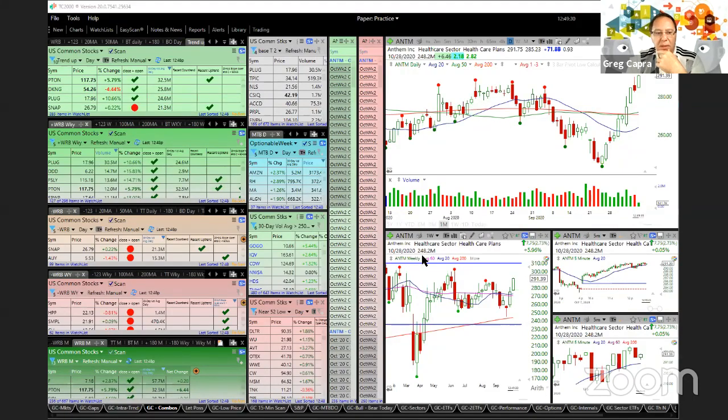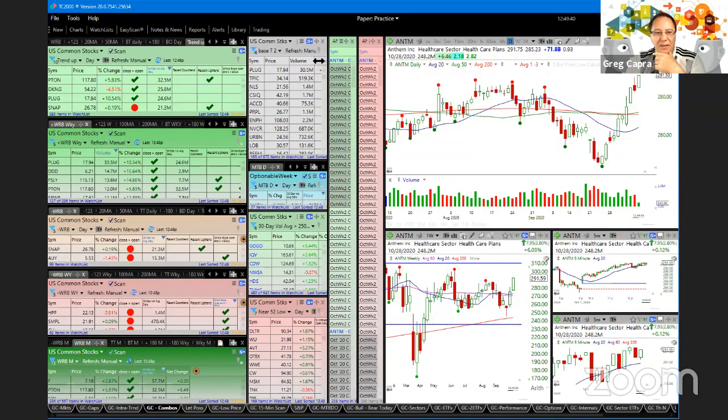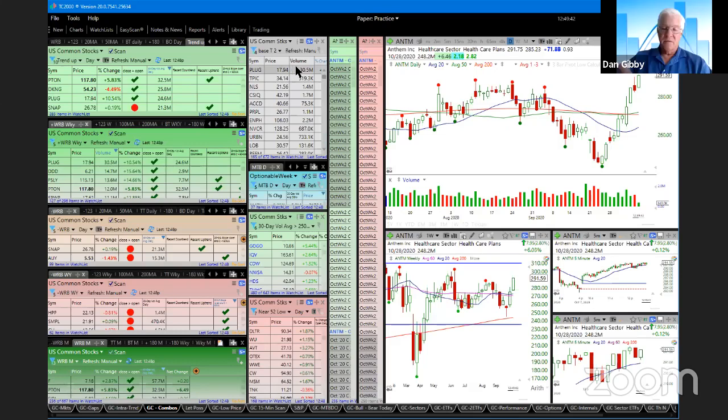Screen up here. So this particular scan looks for stocks moving sideways, which is a good place to look for credit spreads. But Elton is asking about Netflix. Elton, yes, I already sent Netflix to our subscribers saying that it's a good credit spread candidate.